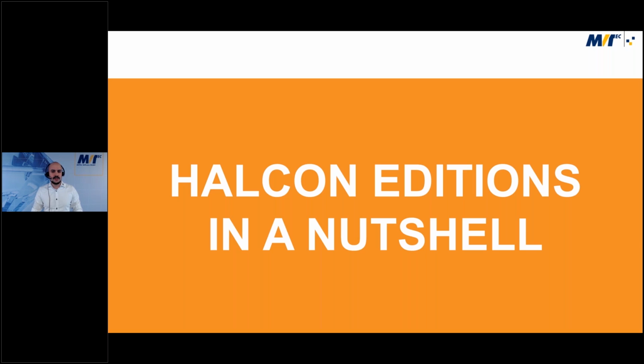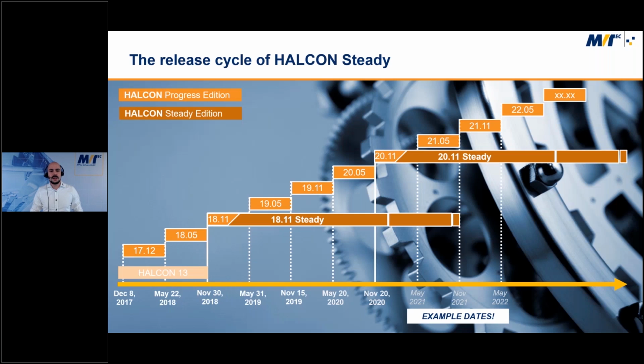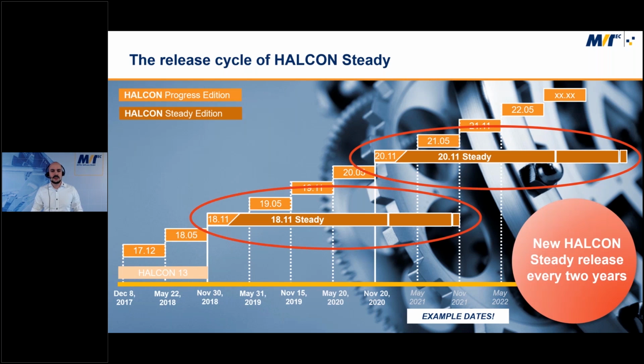Here, just as a quick reminder for everyone, what is the difference between HALCON Progress and HALCON Steady in terms of release cycle? The HALCON release for Steady is in a release cycle of every 2 years. The last one was the HALCON 18.11 release, and now we have 20.11.